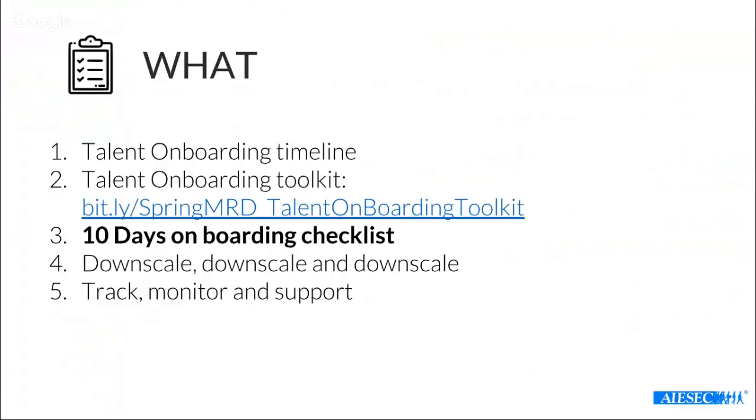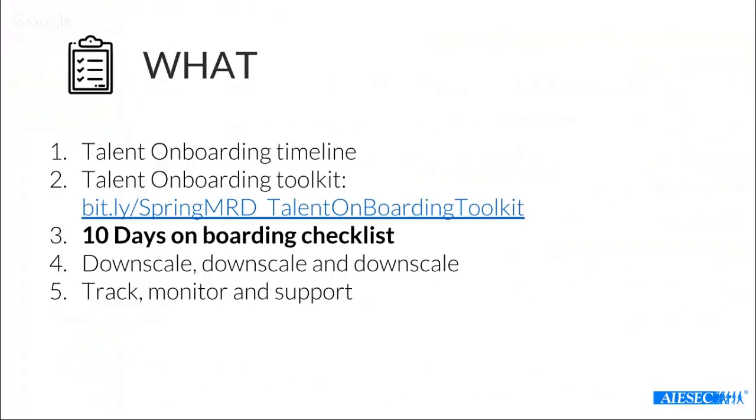Then the fourth thing is downscale, which is to downscale it to your team leaders. And then the last thing is to track, monitor, and support. The last thing is very important as well, because from my experience, it's super important for the VPPM to track, monitor, and support. You are not just throwing this to your team leader to implement it.